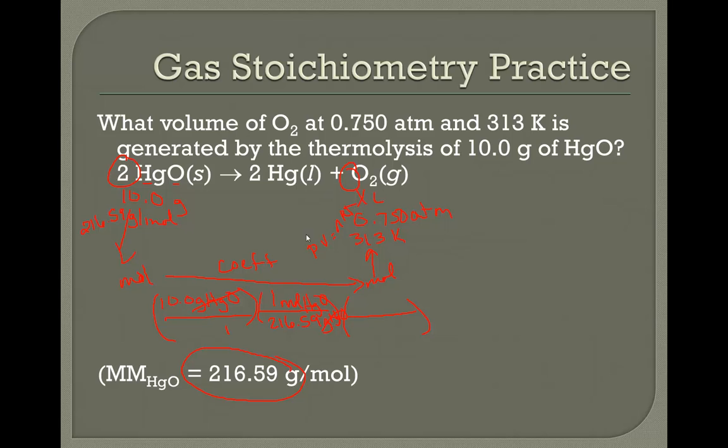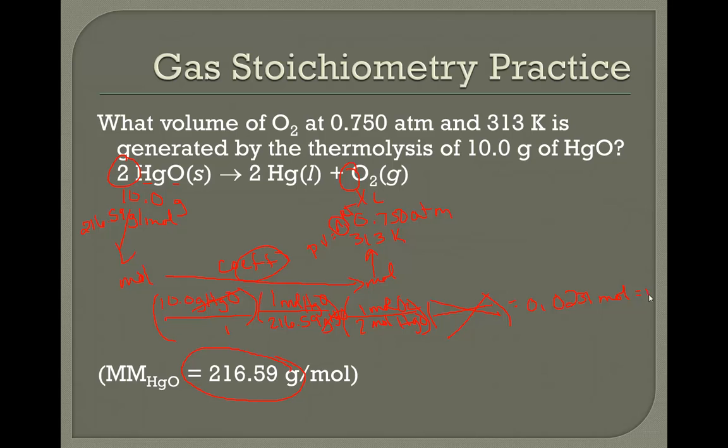So 2 moles of HgO for every 1 mole of O2. Because we want to use PV equals nRT, we're actually not going to need this last bracket. We don't need to get it to grams. We just need it in moles. So 10 divided by 216.59 divided by 2 comes out to be 0.0231 moles.